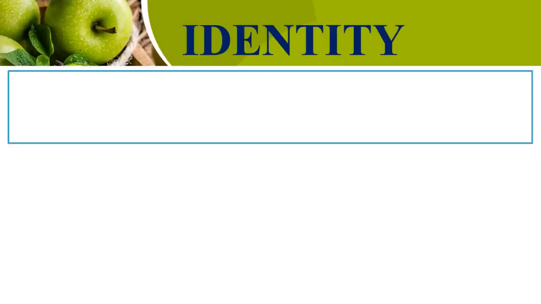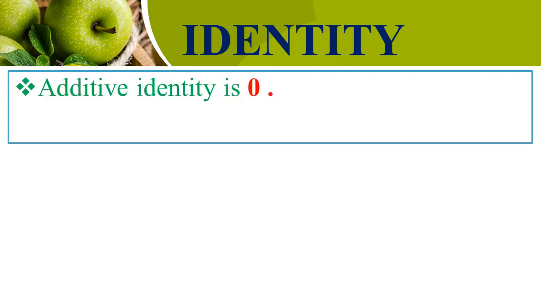Let us see identity property. Additive identity is 0. Why 0 is called additive identity? Because any whole number added to 0 or 0 added to any whole number, it gives the same value. For this reason, 0 is called additive identity.